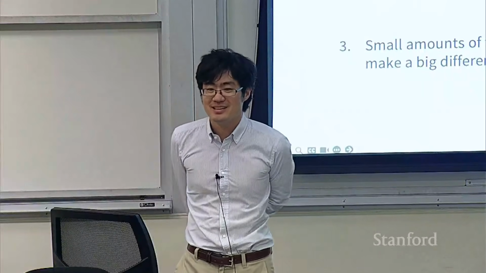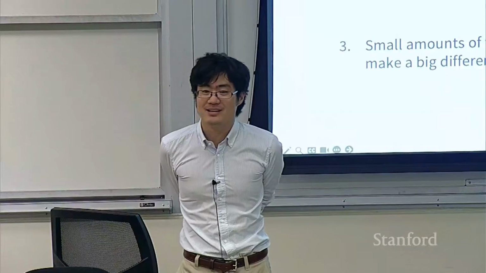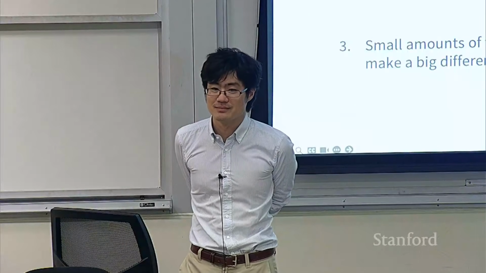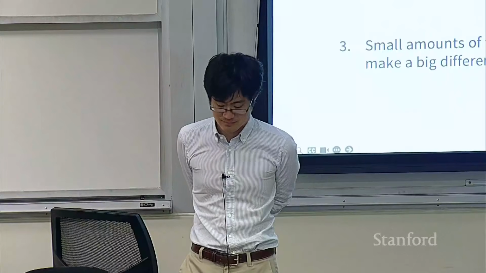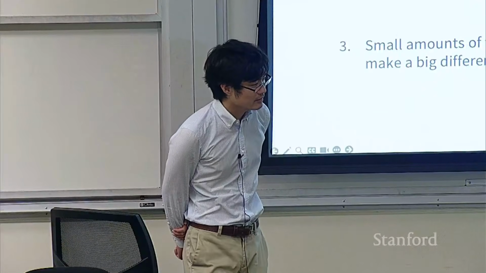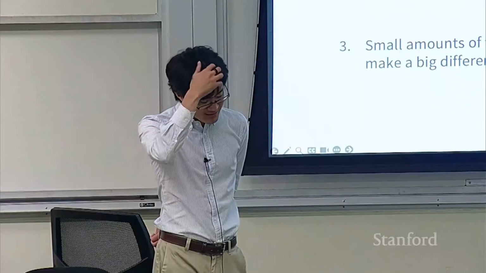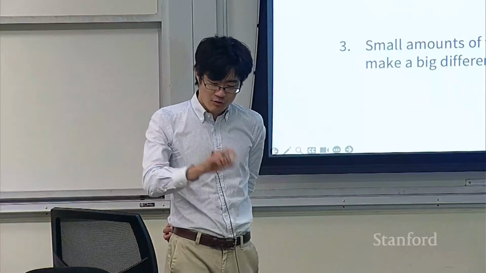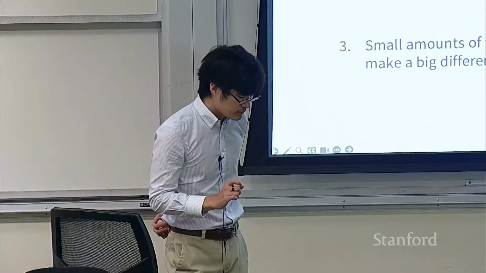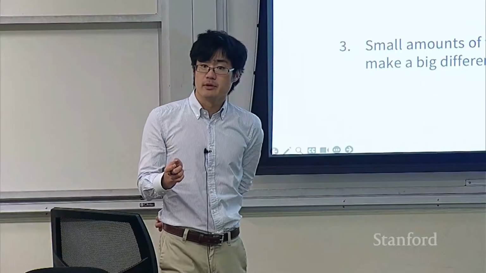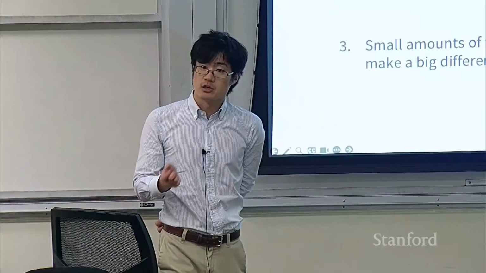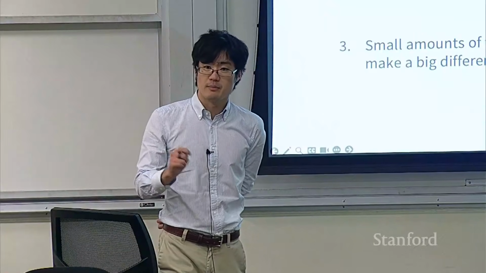Yes? Maybe you'll talk more about this when you talk about RL, but there's this whole question of SFT destroying features with RL re-learning them. Maybe you can talk about that later. I'm not going to talk about that later. The question was whether SFT is destroying features and RL is pushing up or down. I think the lines are very blurry between the two, to be honest, especially when we get into something like expert iteration and all these other things that look like SFT with extra bells and whistles.